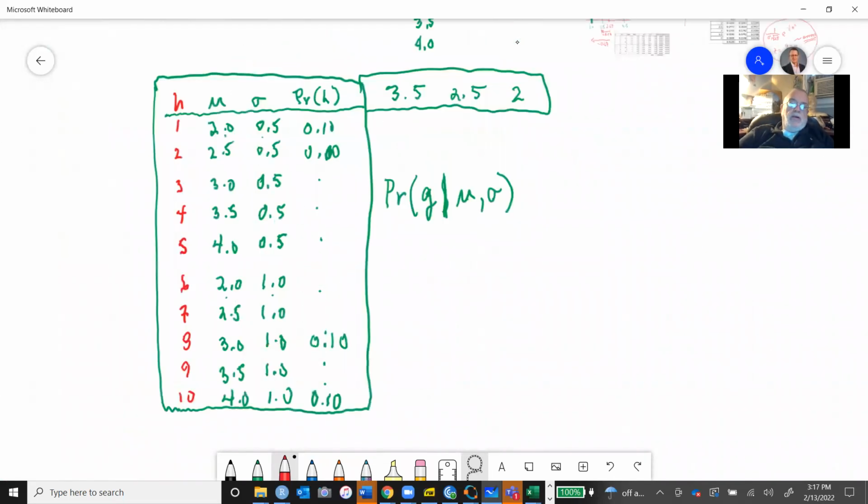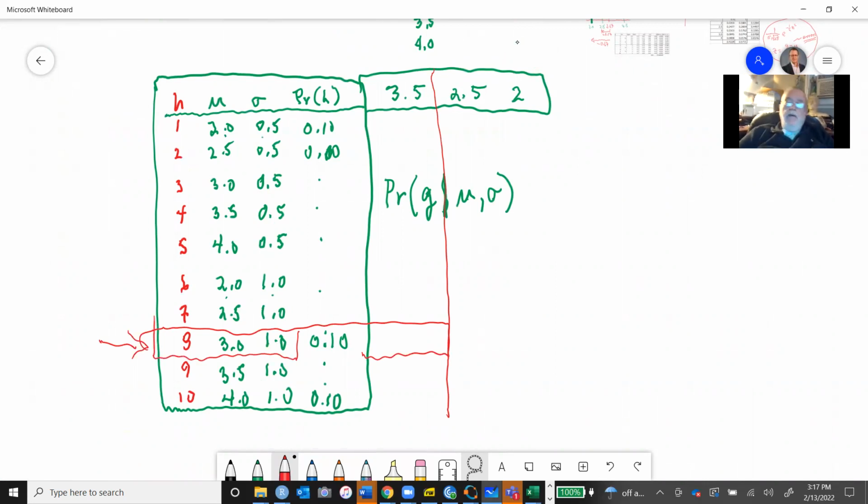For a particular hypothesis, let's choose hypothesis number 8, and let's also choose one piece of data, the first one, 3.5. Let's do the calculation, at least to say that we have done the calculation. Exactly by hand. You can get your slide rules out, yes.